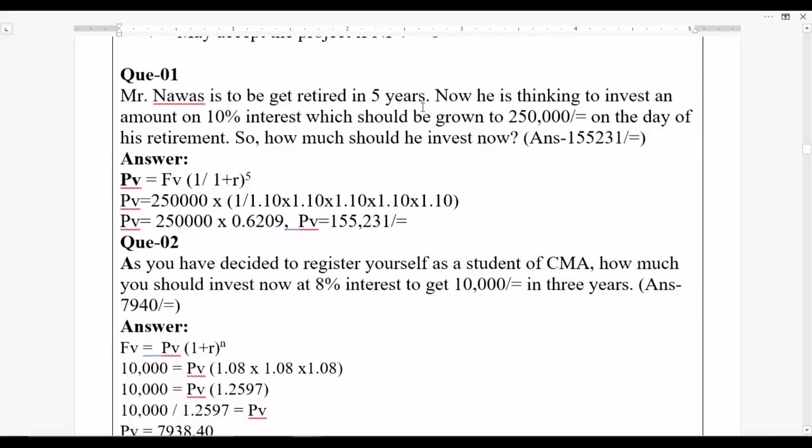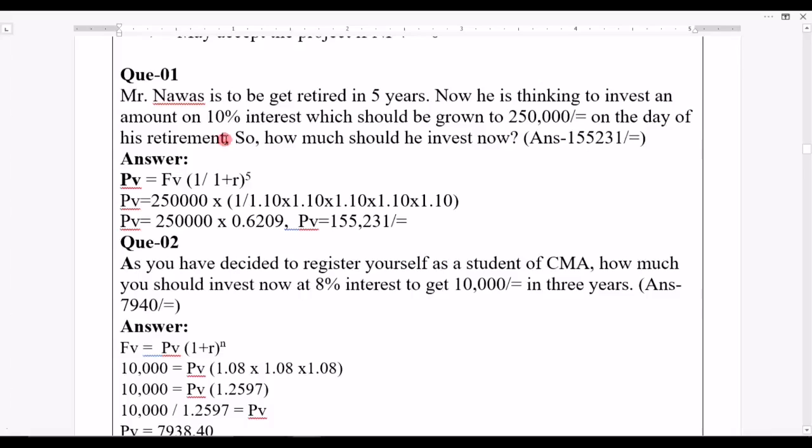In 5 years means in the future. Now he is thinking to invest an amount at 10% interest, which should grow to 250,000 on the day of his retirement.